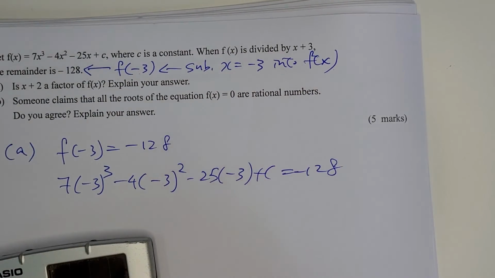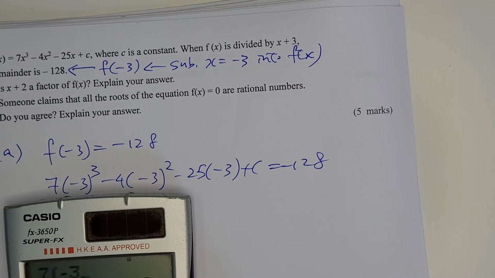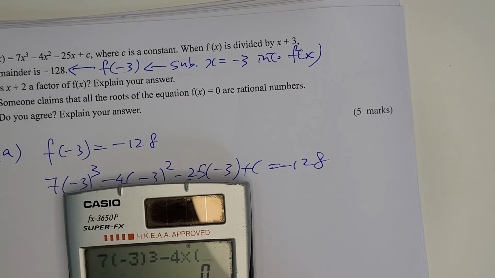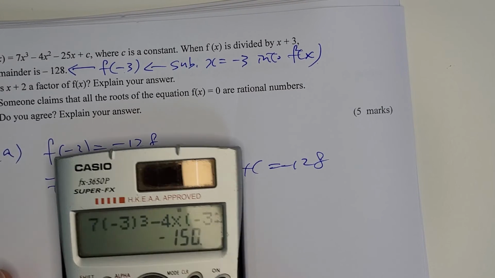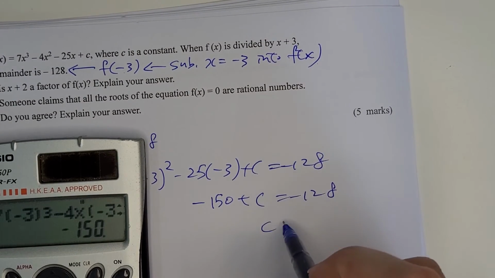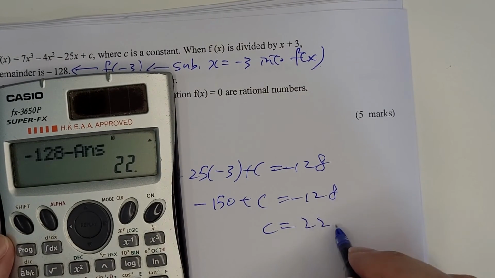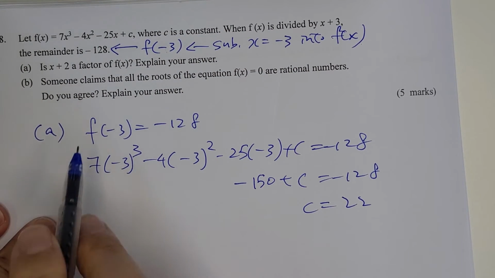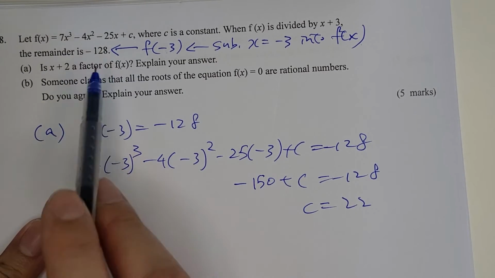Just plug in all these numbers. 7 times negative 3 to the power 3 minus 4 times negative 3 squared minus 25 times negative 3, that is negative 150 plus c equals negative 128. So you can find c, negative 128 minus this answer, 22. c is 22.